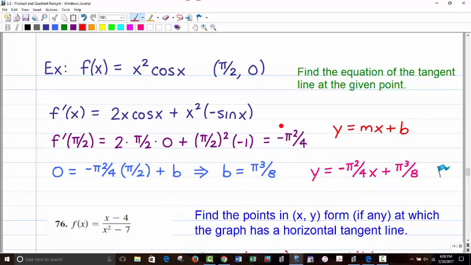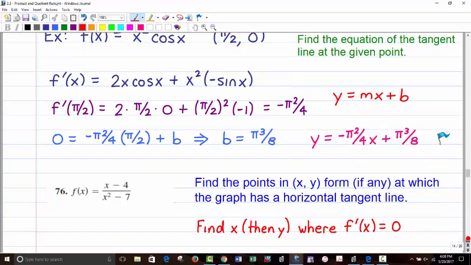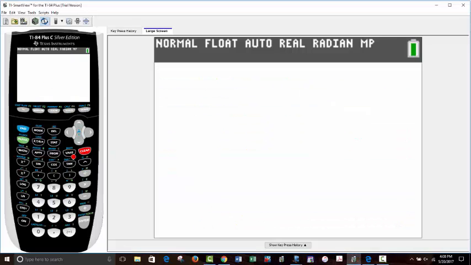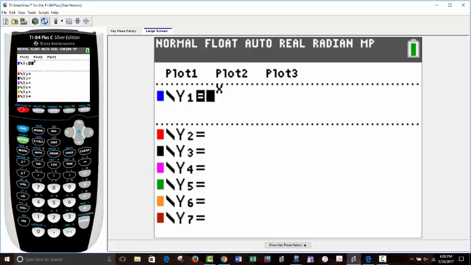All right, let's see. Maybe I could graph this real quick, see how it looks. You can feel free to fast forward the video if you don't want to watch this part.